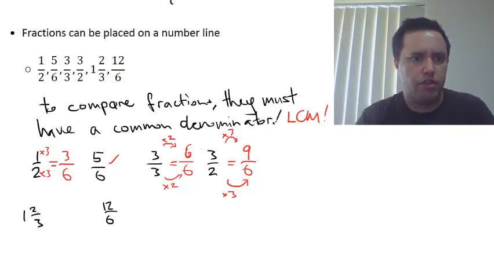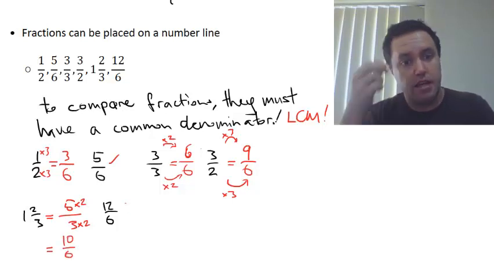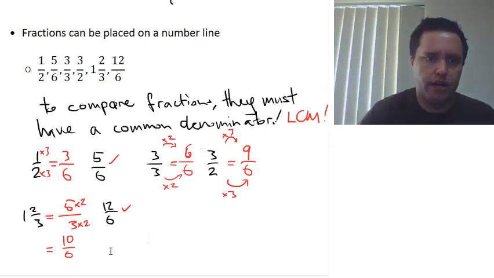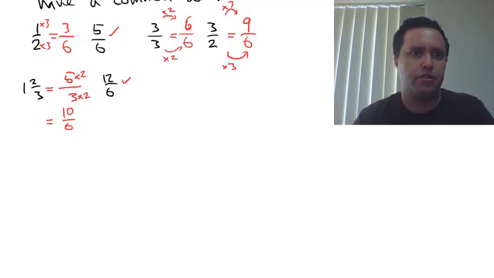1 and 2/3, remember, you have to change it into an improper fraction first. 1 times 3 is 3, plus 2 is 5 thirds. This is going to get times by 2, and we'll have 10 over 6. And the last one's fine, 12 over 6. So if we are going to put those in order now, we just look at the numerators.